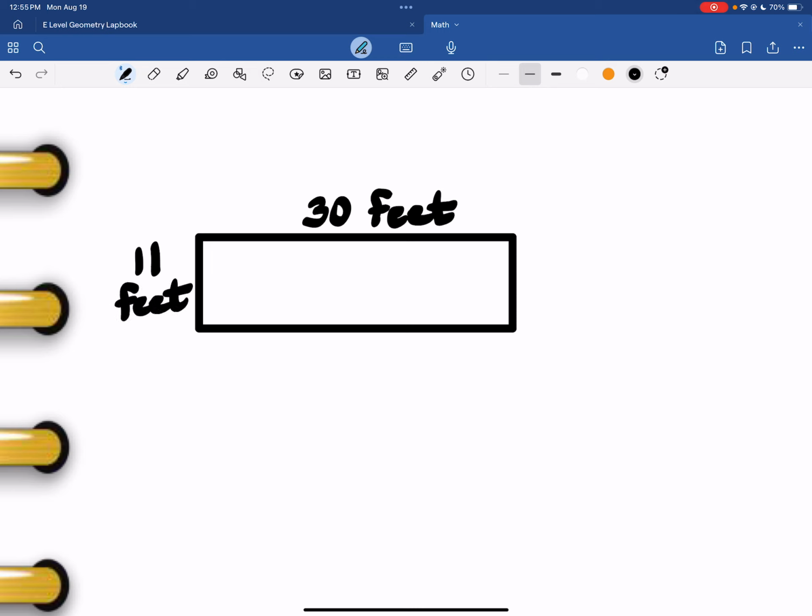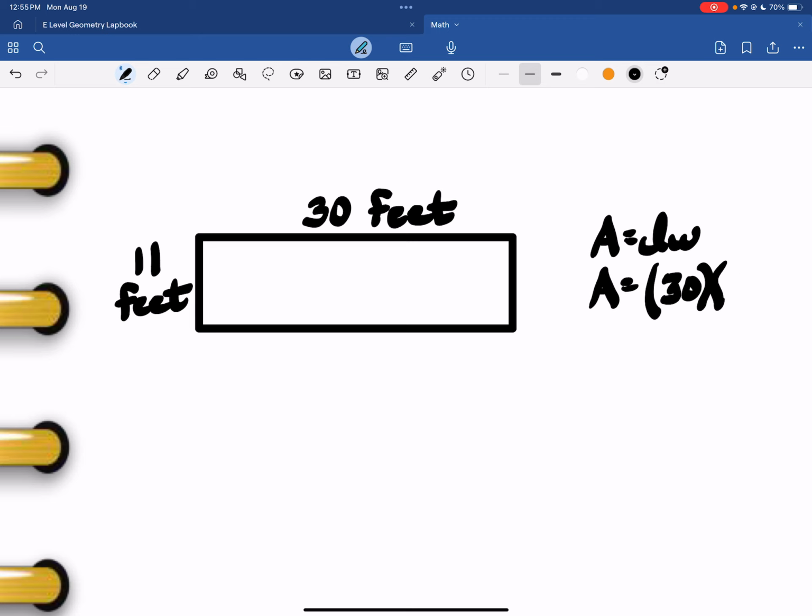So this time I do know units. Instead of the word unit, I have feet. I don't see the boxes, and it would be very hard to draw the boxes. I would have to get 30 in there this way, and I would have to get 11 in there this way in that little tiny space. So the formula, the rubber stamp, tells me what to do. The long side is 30.